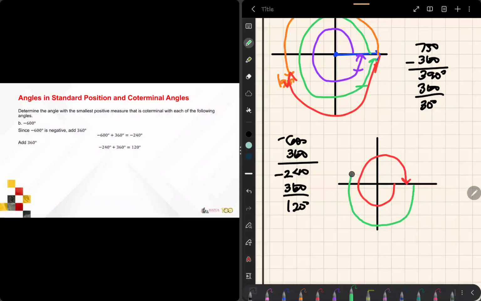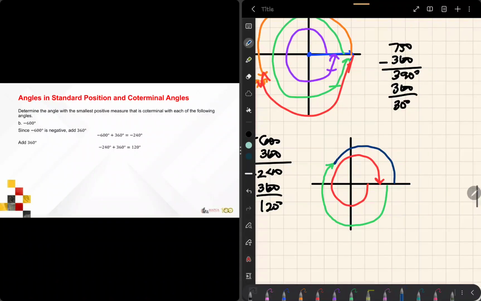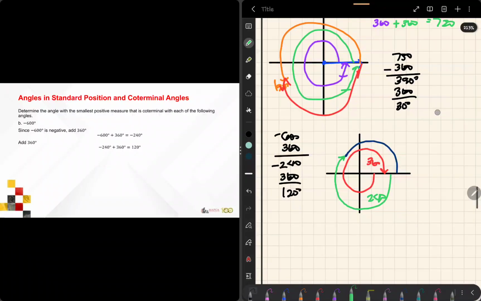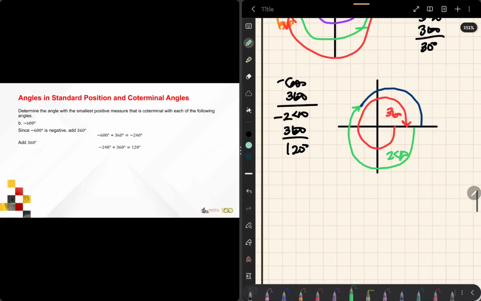So let us say it reaches this third quadrant, 240 degrees. Since this is 240 degrees, its coterminal side should be this one. Since it rotated another 240 degrees, this is 360 and this is 240. If we add 360 and 240, we get 600 degrees. So our last rotation is 240 degrees.